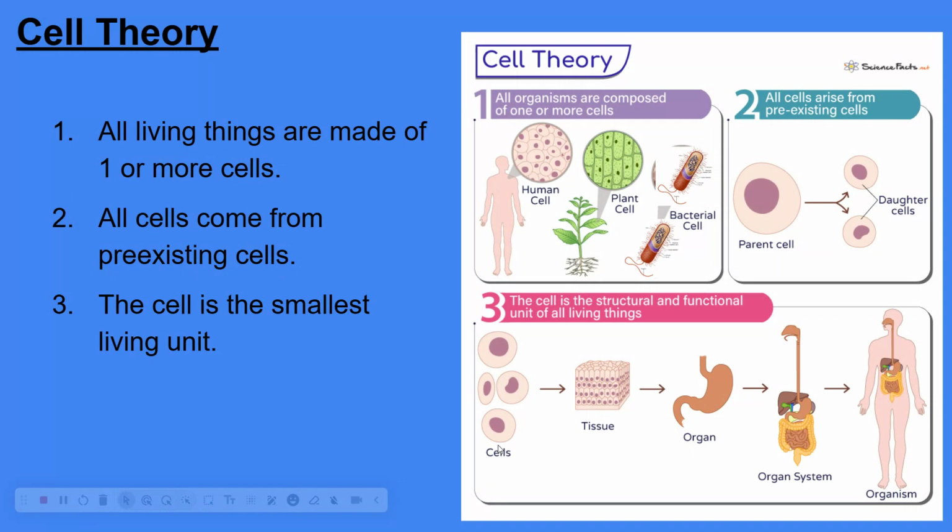There are things that are smaller, such as atoms, which make up the different elements that can create molecules, but we also have viruses, which most scientists do not say that they are alive. And here's why. Viruses require a host in order to reproduce.